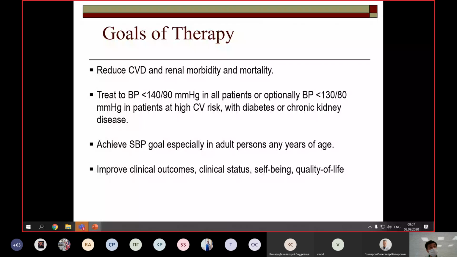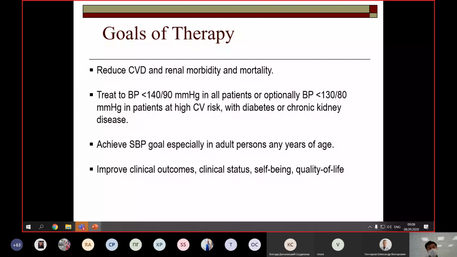For patients at high risk of death and other patients having diabetes mellitus and chronic kidney disease, with estimated GFR less than 60, this should be applied. Achieve the systolic blood pressure goal, especially in adults of any age. And please take into consideration that we should treat senior patients having isolated systolic hypertension, having age 75 years old.